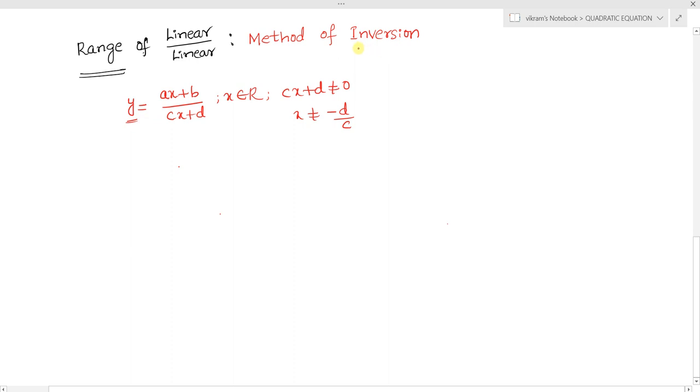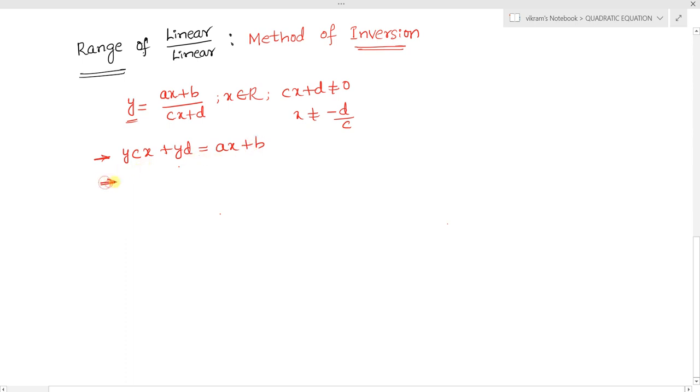Now, how do we find the range? The method is called the method of inversion, used for a linear expression by linear expression. Simply cross multiply and represent x in terms of y. If we cross multiply, we get ycx plus yd equals ax plus b.